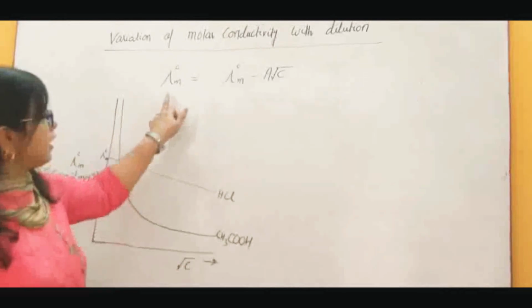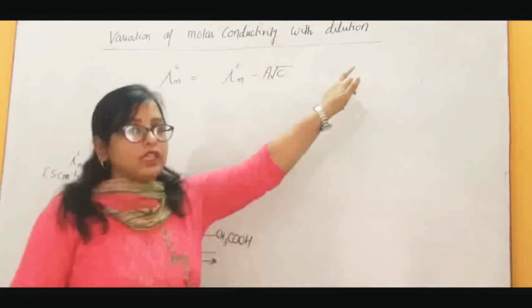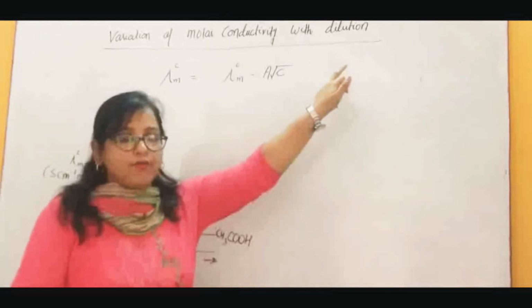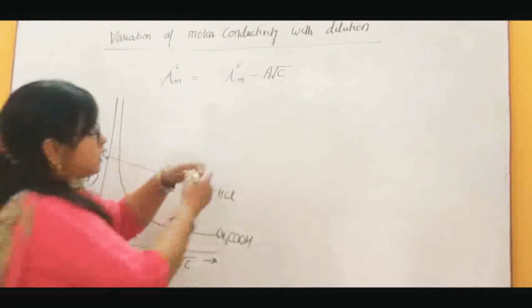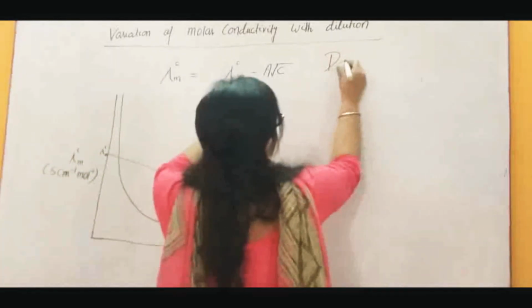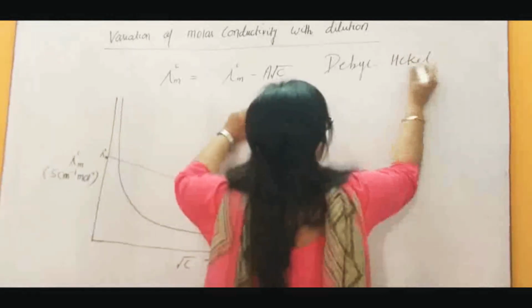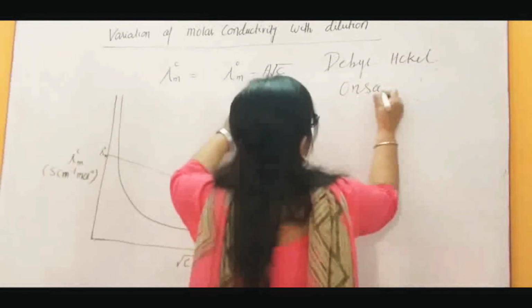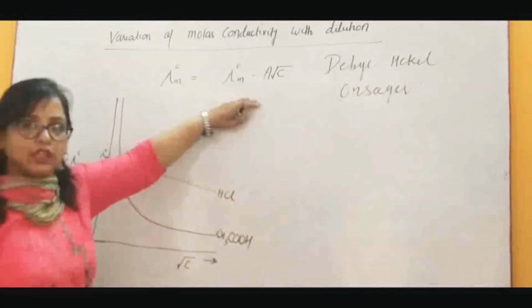So I am writing here the variation of molar conductivity with dilution. It is a very important topic from the point of view of board examinations. This is the Debye-Hückel-Onsager equation.